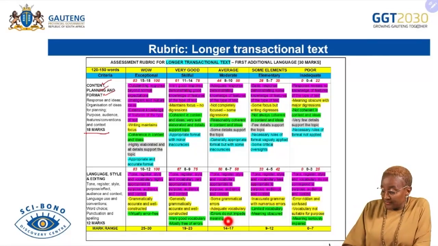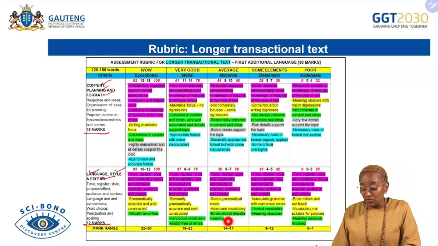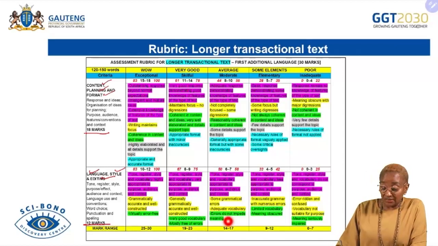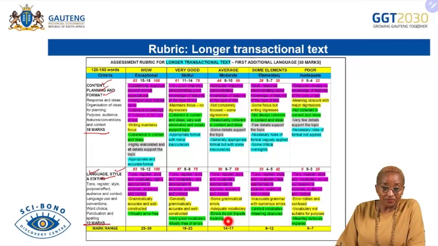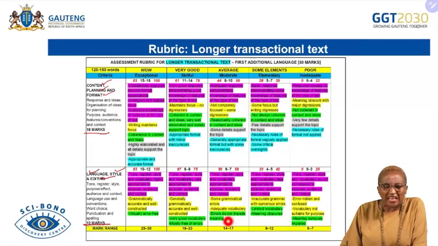We also have language, style, and editing, which is made up of 12 marks, giving us a total of 30. Now, let us have a look at the first criterion there, which addresses content, planning, and format. When one talks of content, what do we really mean?